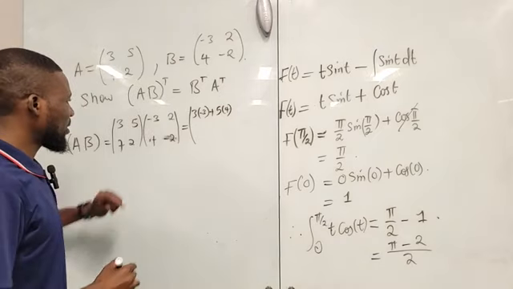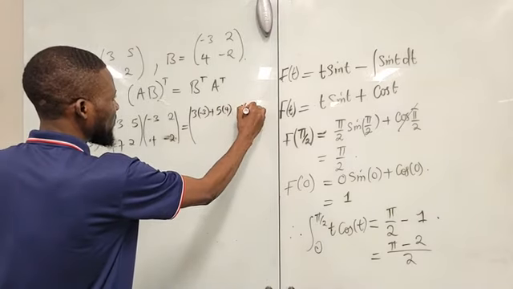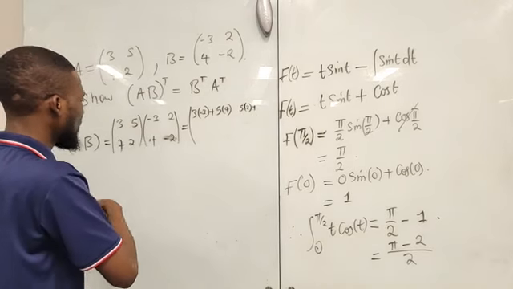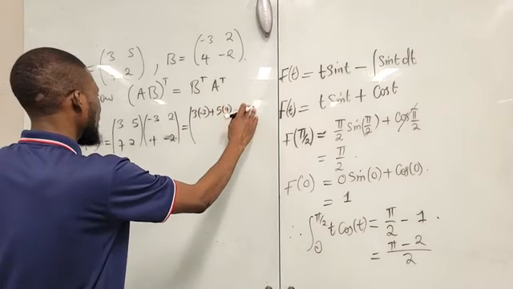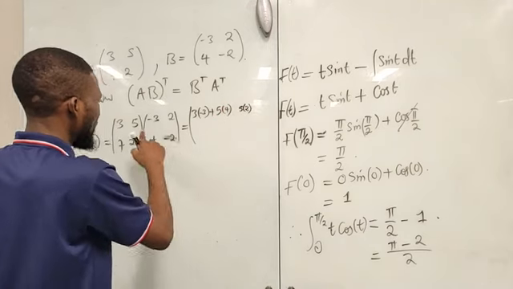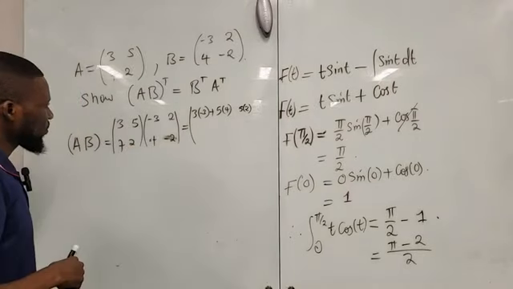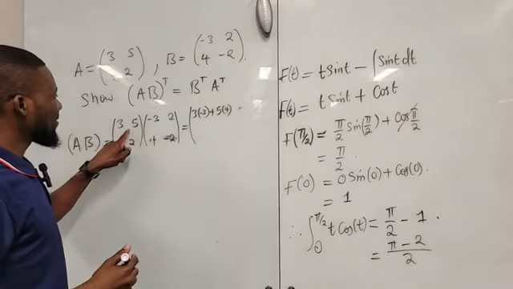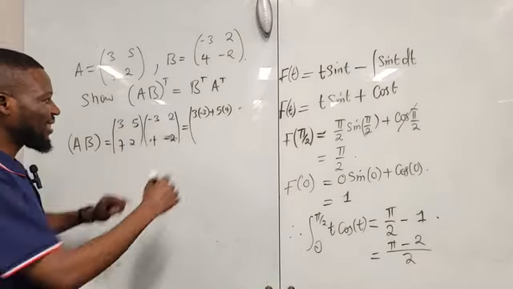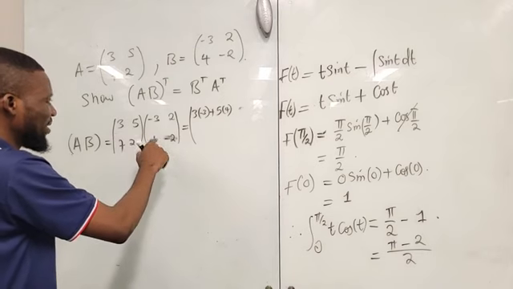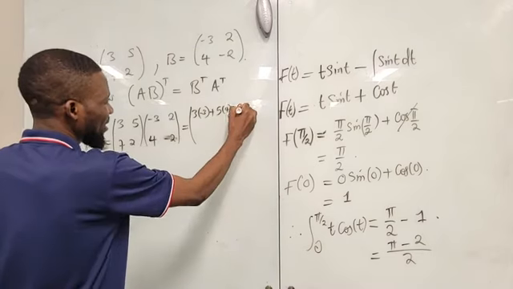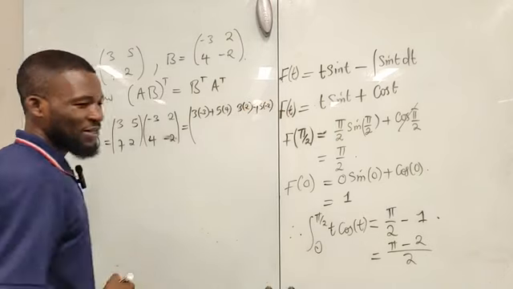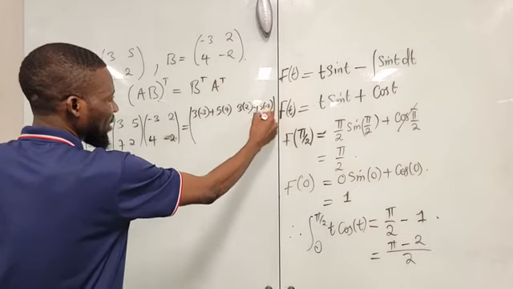Then the next we take 3 multiplied by 2 and then plus 5 multiplied by -2. Then we close here.